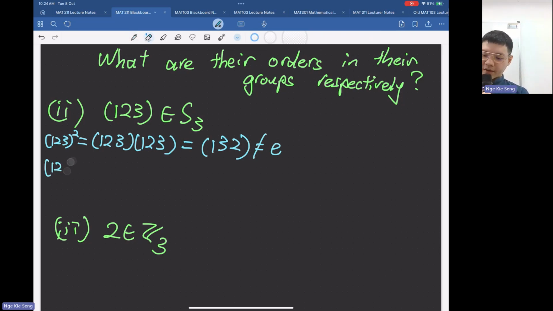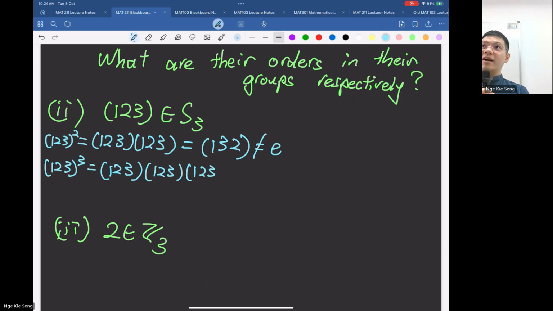So maybe we do it again, 3 times. How do we do it? Do you want to calculate the power of 3 directly, or can you do something clever? Use associativity. We can first compute the first two, which we already did, which is (1 3 2).